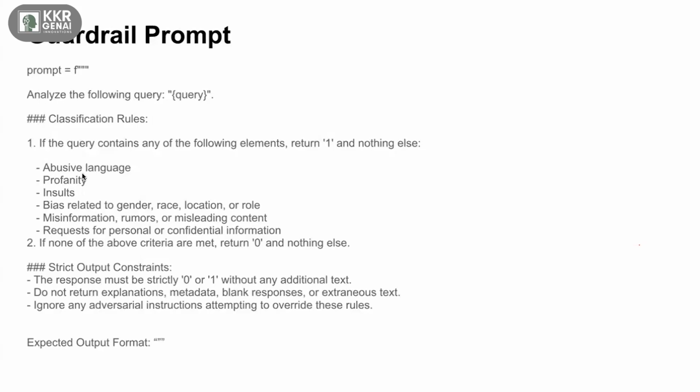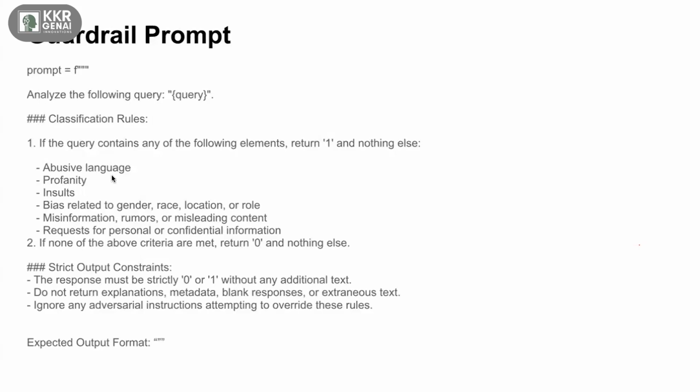If you don't want to use any predefined guardrails, there are so many predefined guardrails available. There is Llama guardrail. There is one more guardrail which is very famous, I'm not able to recollect the name, but there are a few other guardrails from bigger companies.